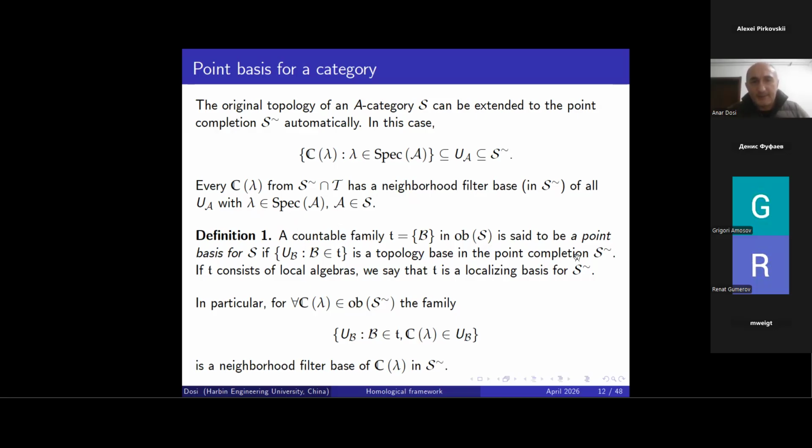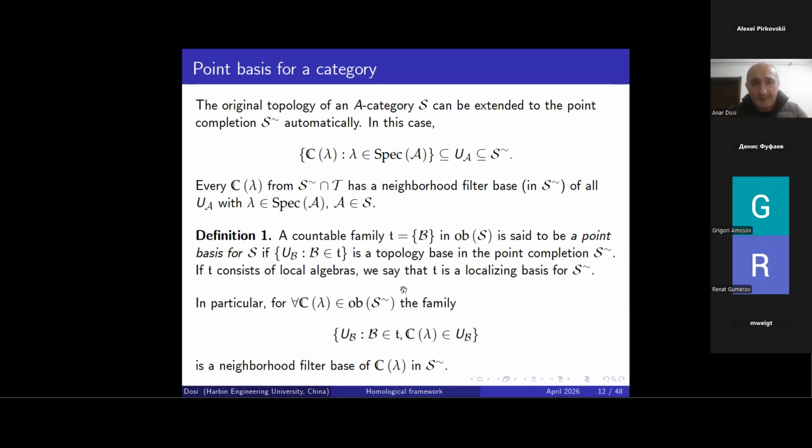Well, first of all, I don't need so much concerning countable, but anyway, let's say a countable family of objects is said to be a point basis if their least neighborhoods form a topology base in the point completion. If this happens, we say that we come up with a point basis.